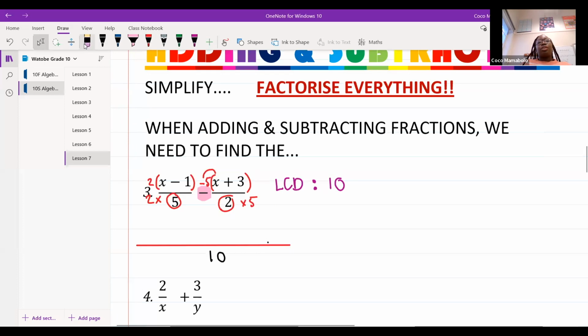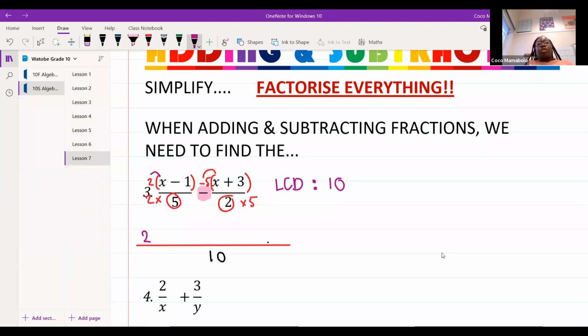Michael, would you like to help me with this question? I mean, Smangele already gave us the answer, but let's see where this question is going. All right. What's it going to look like, my dude? Ma'am, so the LCD is 10, right? So now we'll say 2 times x, which gives us 2x.